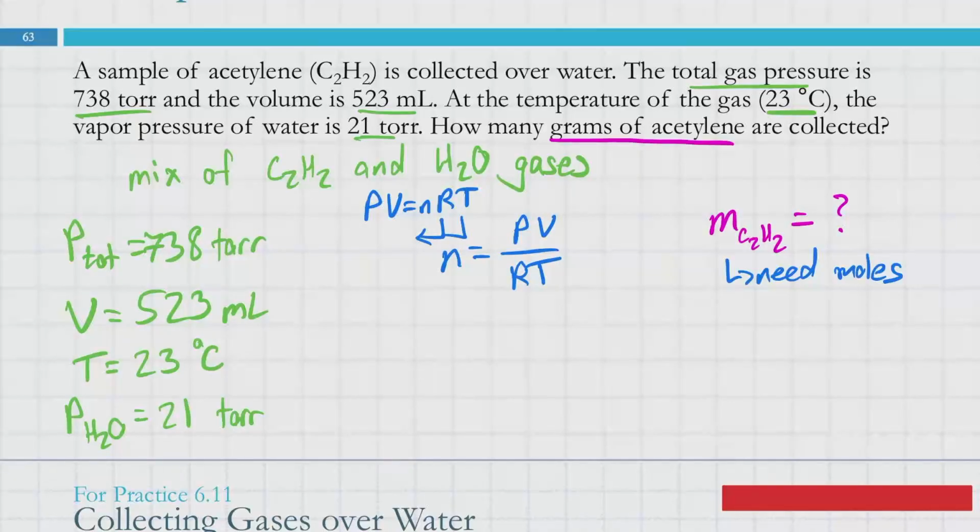Like before, we've got volume that was given to us. We've got temperature also given to us. We don't have pressure, so we'll have to find a pressure value for our C2H2.